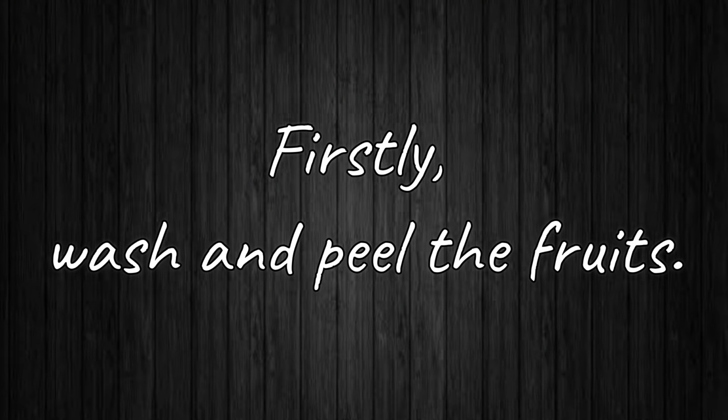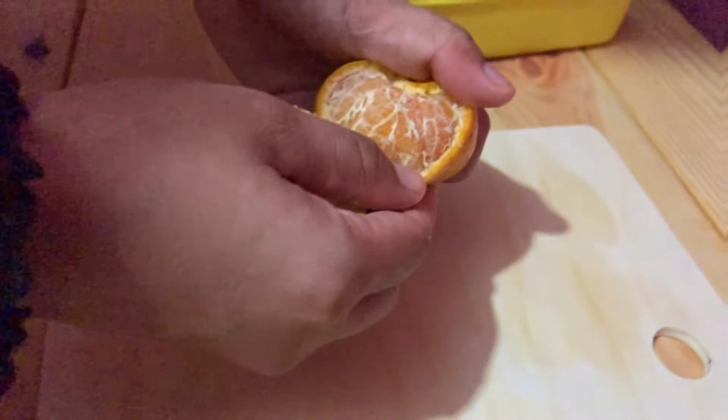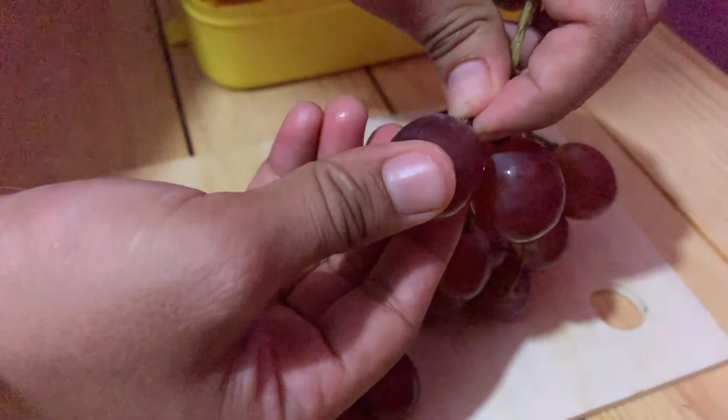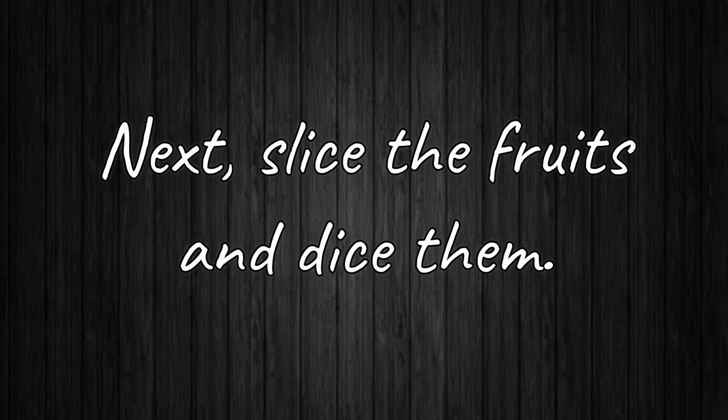Firstly, wash and peel the fruits. Next, slice the fruits and dice them.